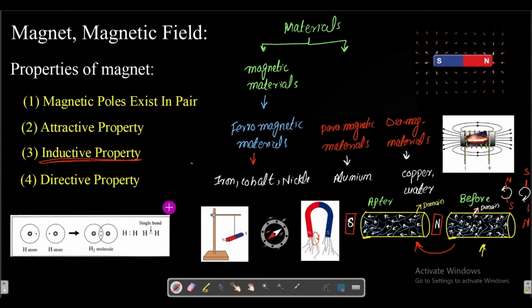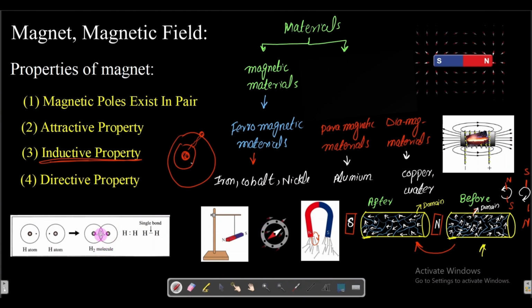As we know, the earth has its own magnetic field, with the geographic north and south. In this way we can determine the direction of the earth's magnetic field, just like we use a compass. So this property of the magnet is called the directive property. We can determine the direction of a magnetic field due to a test magnet.